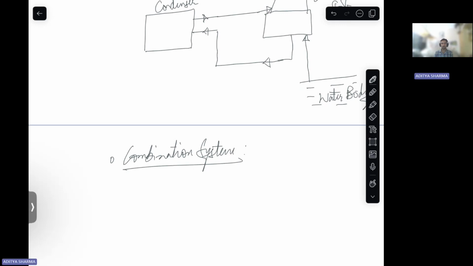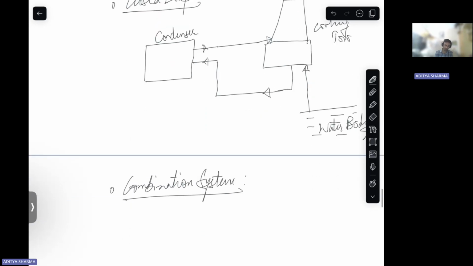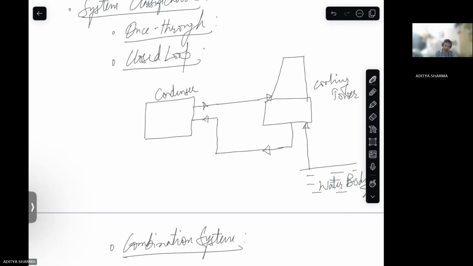We use both once through type of arrangement, and we also use your cooling tower. But it majorly remains a once through type, and we release the water that comes from the outlet of the condenser in the water body only.